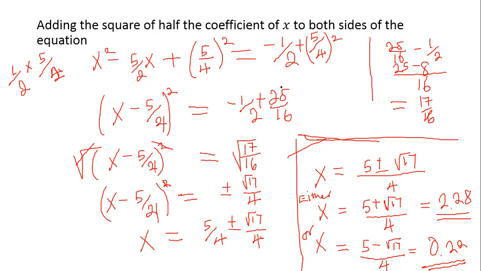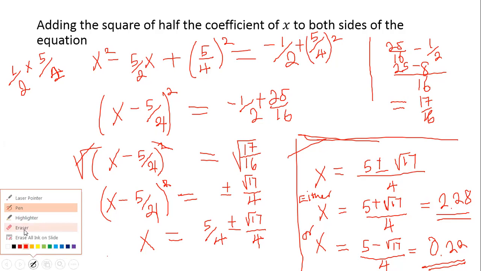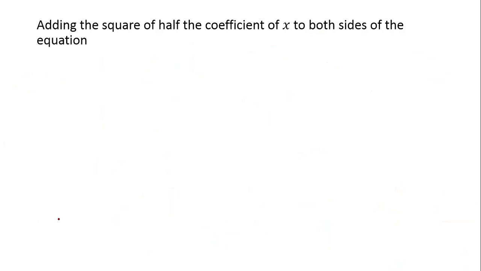Is that okay? So maybe let me give you an extra one. So let us solve this. x squared minus 5x plus 6 equaling to 0.